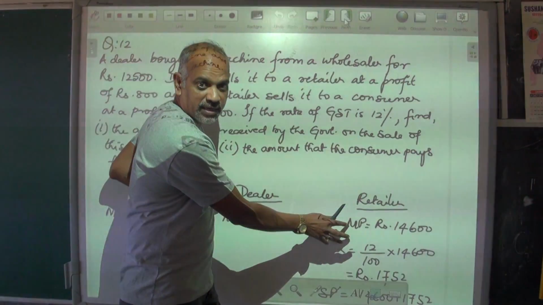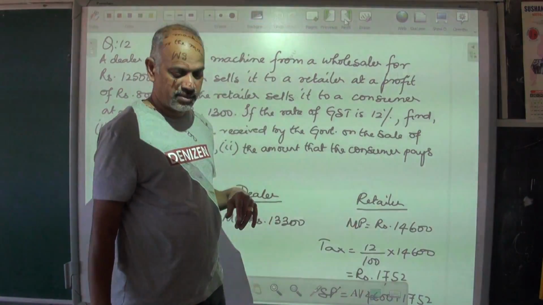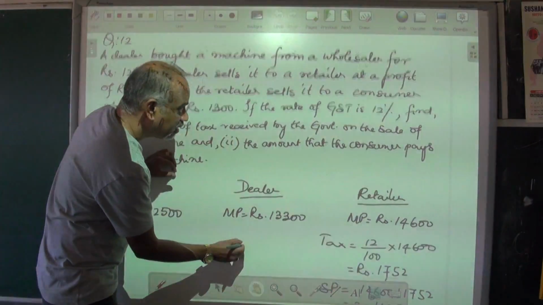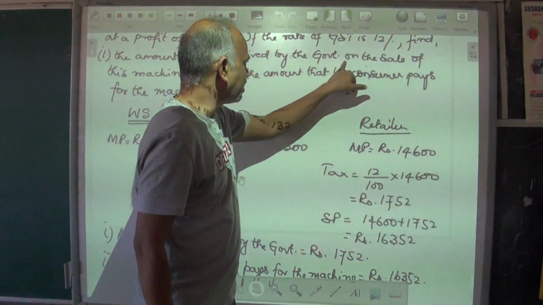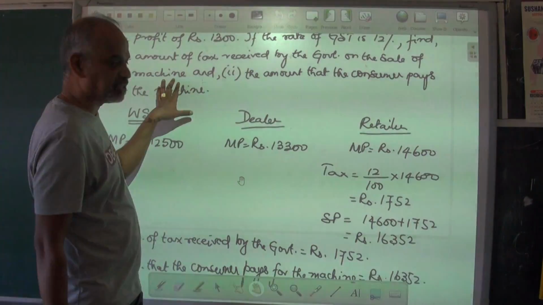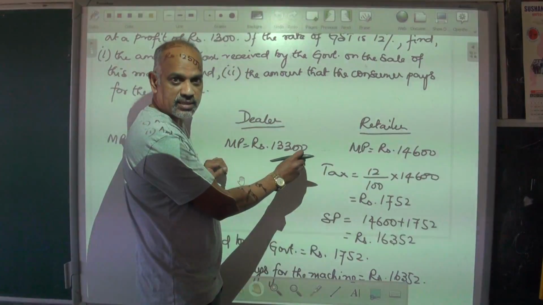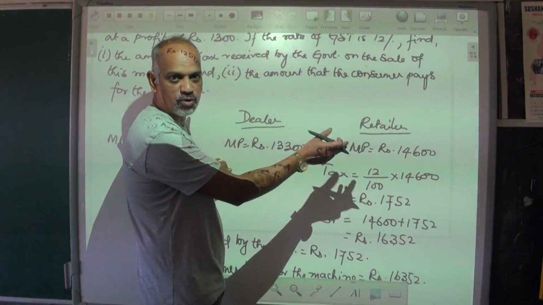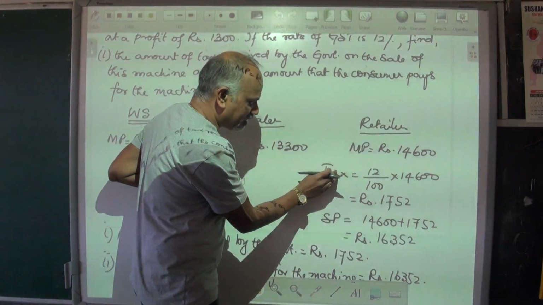You will have to find only the tax in the last case where the customer is buying it. The question was, you have to find the amount of tax received by the government on the sale of this machine. So the amount of tax received by the government is the tax that the customer is going to pay the retailer. So, let's calculate the tax here.